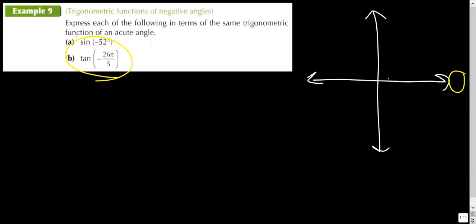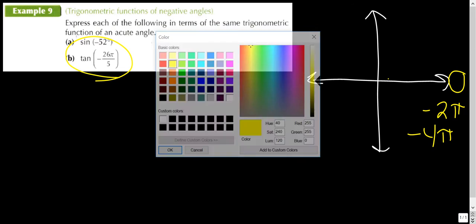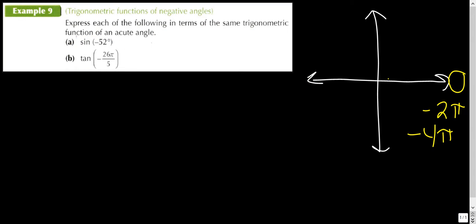We normally do 0, 2 pi, 4 pi, etc. Well, we could also think of that as 0, negative 2 pi, negative 4 pi going back. So we're going back quite a bit. We want to make sure we get an angle that's within 2 pi of 0, or between 0 and 2 pi.